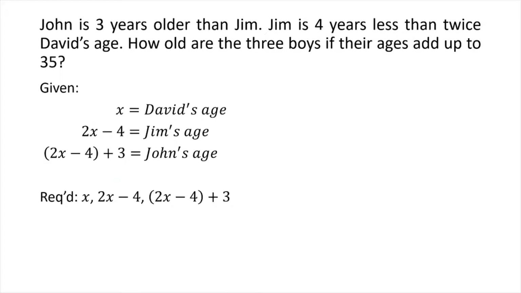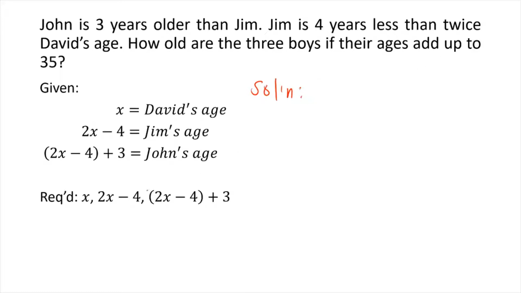So we are asked to find the ages of the three boys. So these are the equivalent expressions of their ages. Solution. To solve for the variable x, you have to set up an equation based on the condition given, based on the constraint that their ages must add up to 35.